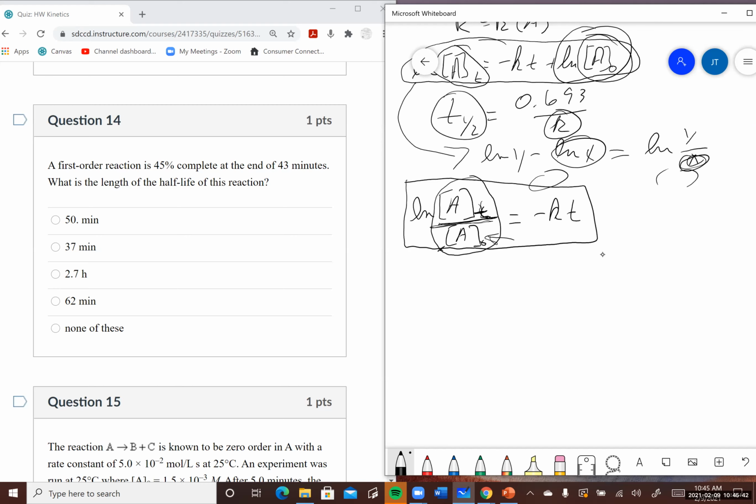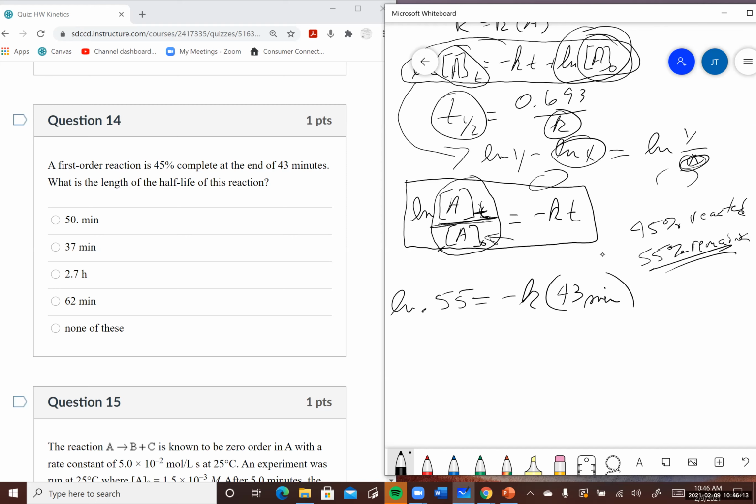So if 45% is reacted, how much remains? 55. Thank you. So the ln of 0.55 equals minus k times 43 minutes.